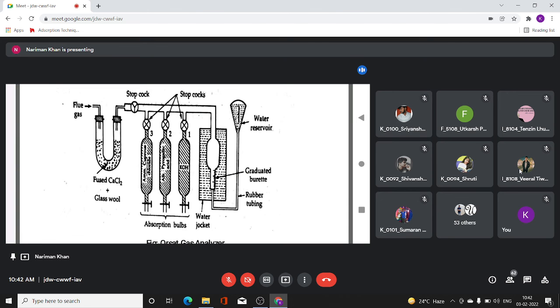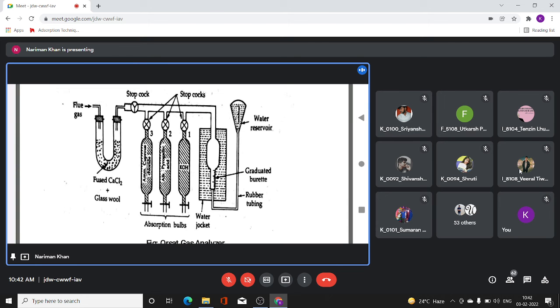Okay. The Orsat gas analyzer consists of a water jacket, which contains a graduated burette, and this graduated burette is connected with the water reservoir by a rubber tubing.